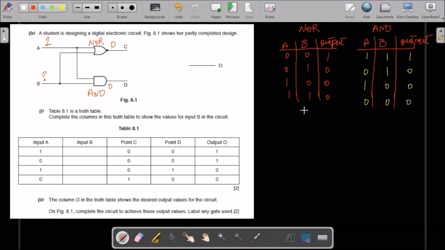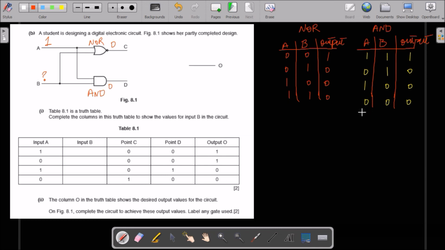Then look at AND gate. If A is 1 and output of D is 0, you can choose 3 situations: 0, 1, 1, 0, and 0, 0.